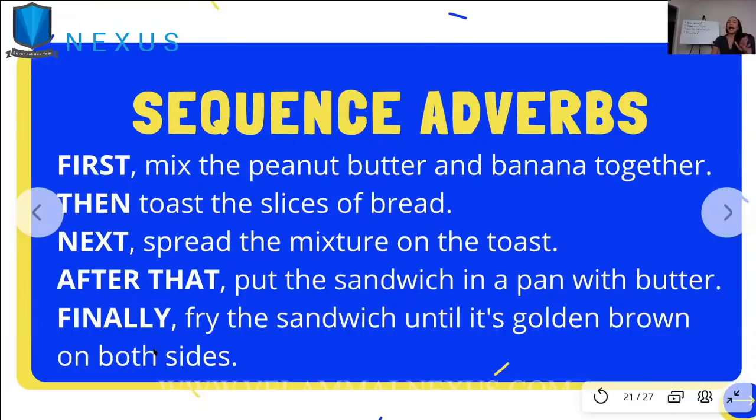Now, I have chosen this order, but it does not mean that this order is the only one possible, or that if you mix them up a little bit, it's going to be wrong. No, that is absolutely not what it means.